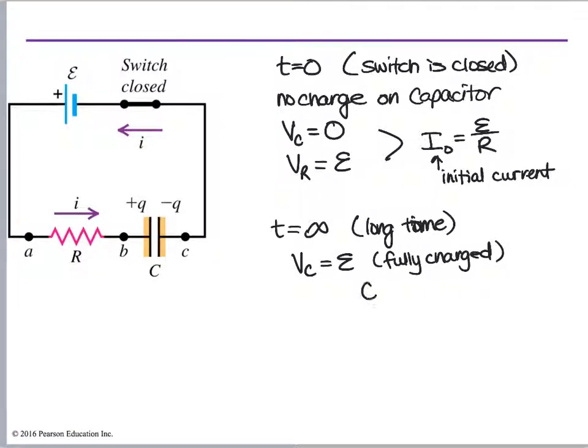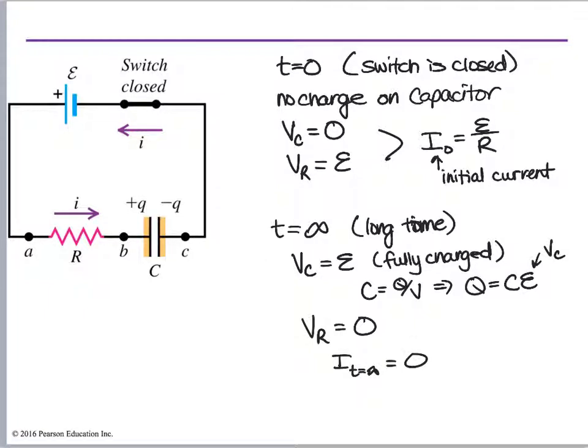And in fact, if we use this relationship, the charge that the capacitor has is going to be equal to the capacitance times the EMF of the battery, because that is the potential drop across the capacitor. But then, because of that, the potential drop across the resistor has to be 0, which means that the current at this time is 0. So those are our endpoints.